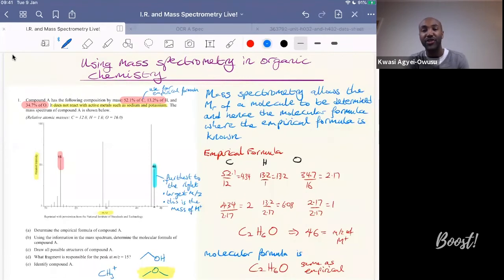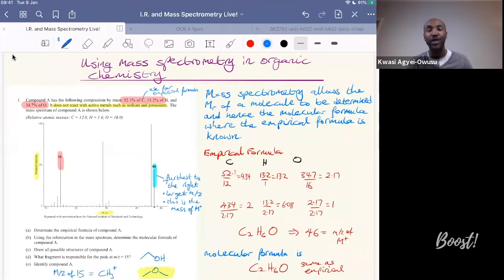That would give us the fragment ion at M over Z 15. So the M over Z of 15 is equal to a methyl cation.